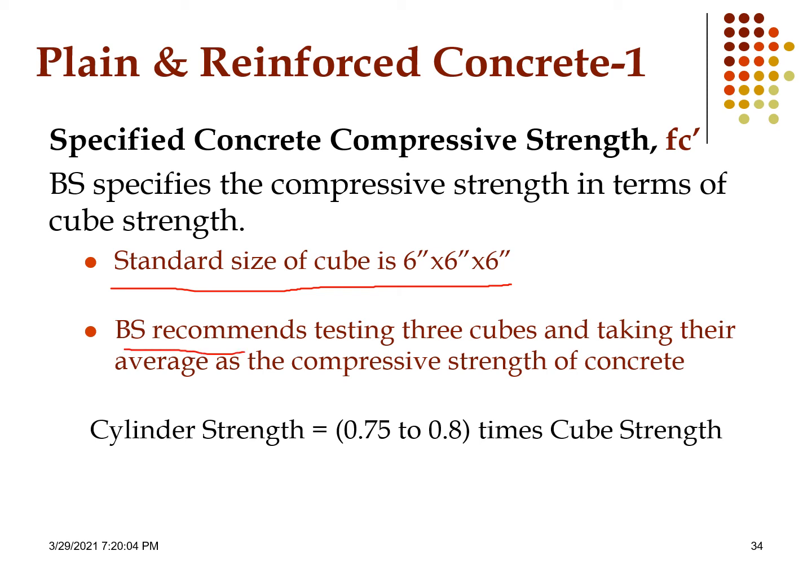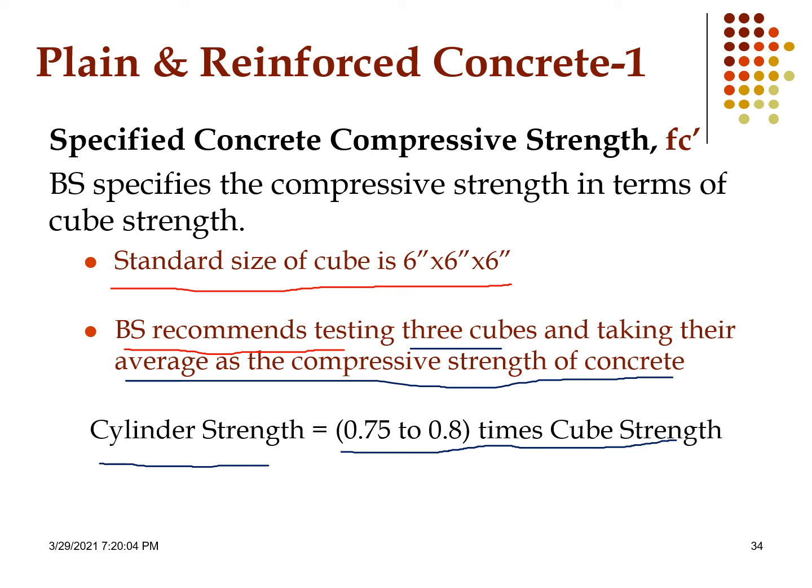British standard recommends testing at least 3 cubes and taking their average as the compressive strength of concrete. Again, compressive strength is strength at 28 days. Normally cylinder strength is 0.75 to 0.8 times the cube strength.